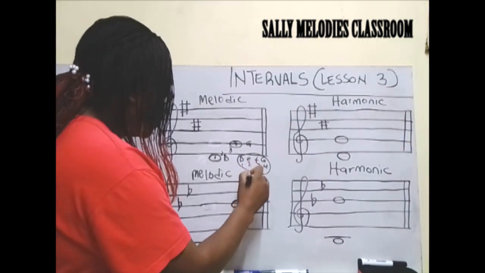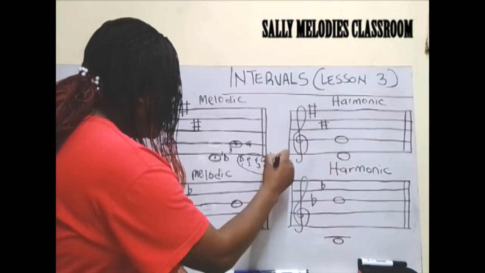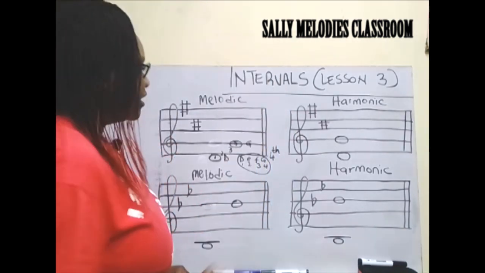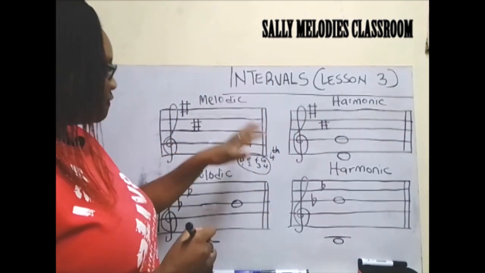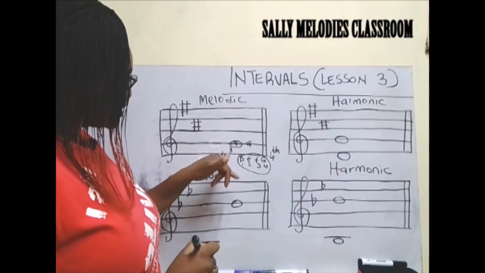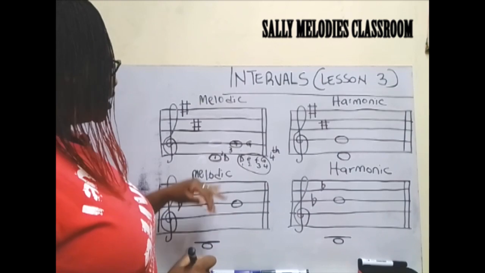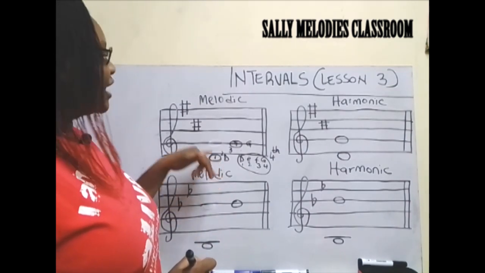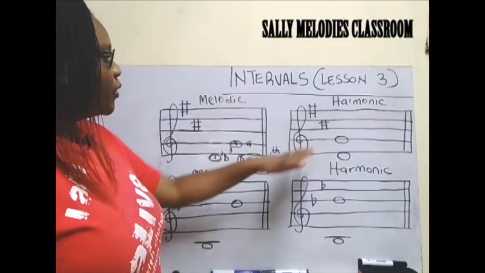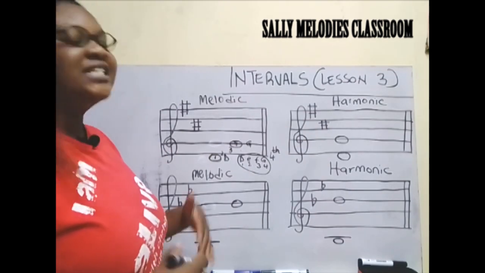This is a fourth. The interval of a fourth. And in this case, it is a melodic interval because you sound this note and then you sound the other note. When we look at the other side, it is the same.